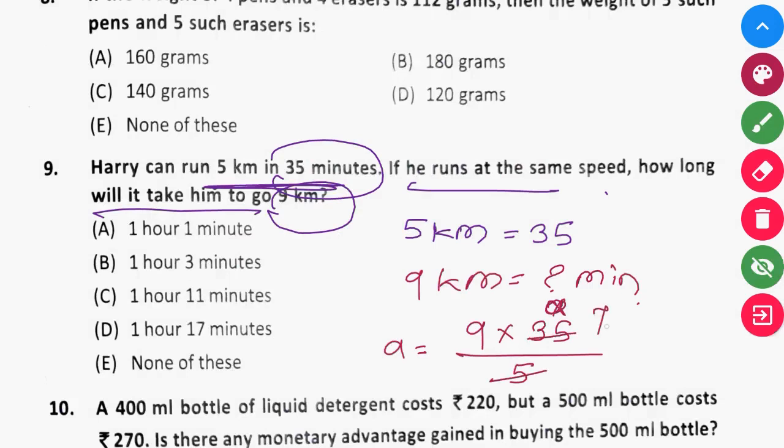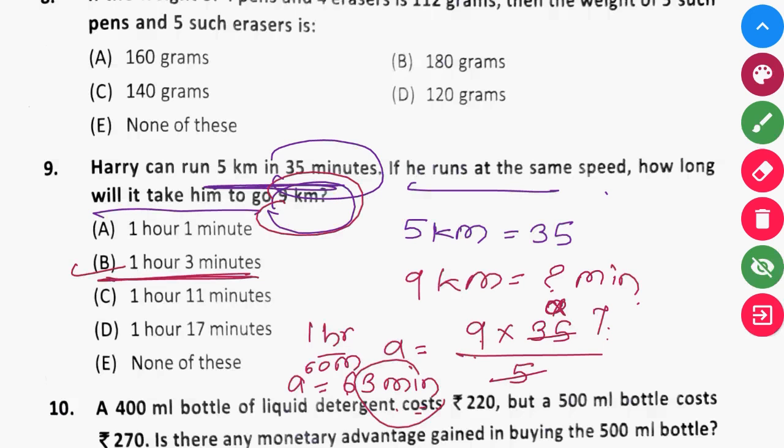So 5 sevens are 35 and 9 sevens are 63. So in 63 minutes he will run 9 kilometers. This is one method. So 63 minutes is converted into hours and minutes. 1 hour is equal to 60 minutes. So 1 hour and 3 minutes he will take to cover 9 kilometers.